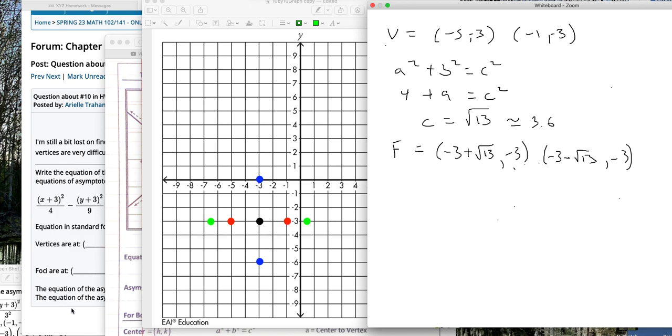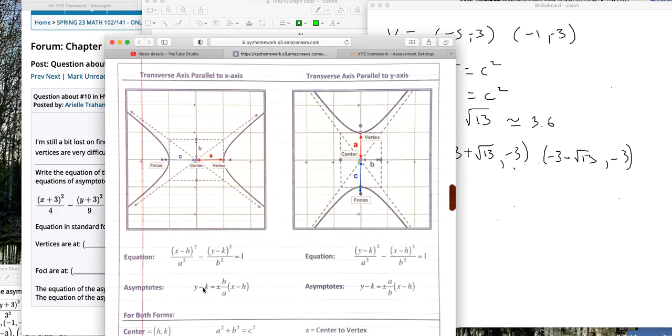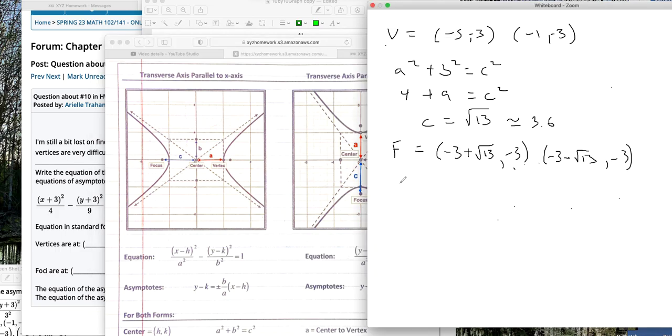And then the only other thing we have to do is find the equations of the asymptotes. So again, come back here and look at what this says. I'm going to write it out right here. y minus k equals plus or minus b over a times x minus h. So we know that a is 2, we knew that b was 3, and then we know our h, k.